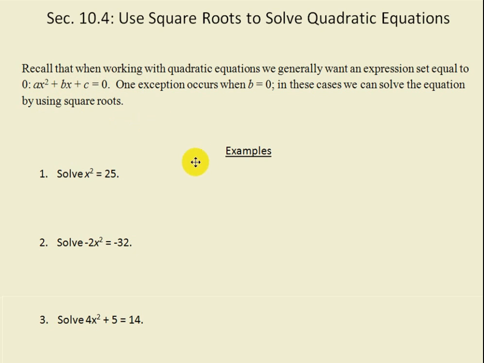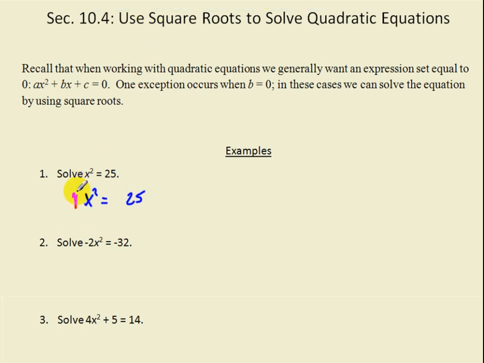So let's see how this works. In the first case, this is ideal, where we have x squared by itself already, and then a constant on the other side of the equal sign. I'm going to rewrite that so I have a little more space. X squared equals 25. To undo squaring something, we of course take the square root.